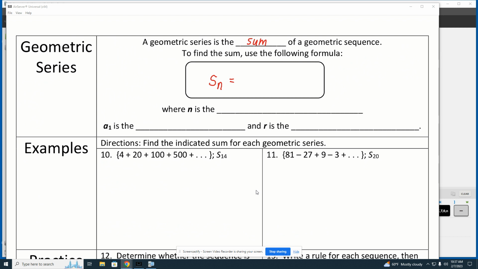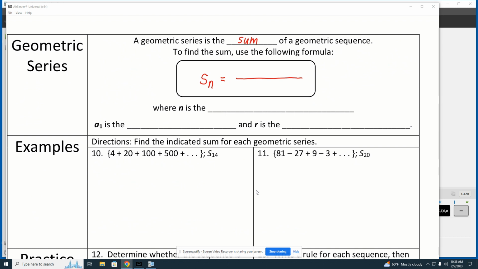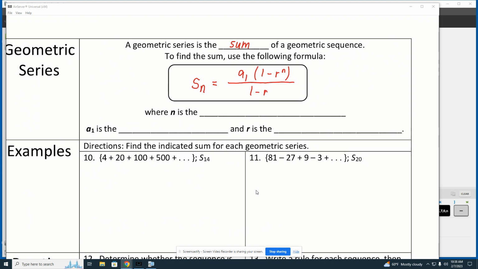So there is a formula that there's one thing about it that you need to be familiar with, even though we're not even going to use it. Okay? Here's the equation. It's a sub 1 times 1 minus r to the n power over 1 minus r. Now, y'all know all the pieces to this.